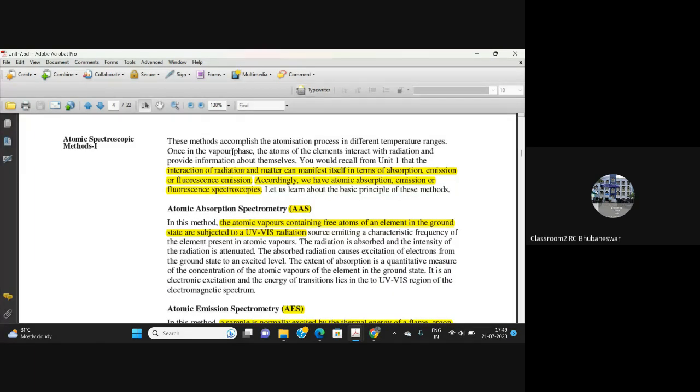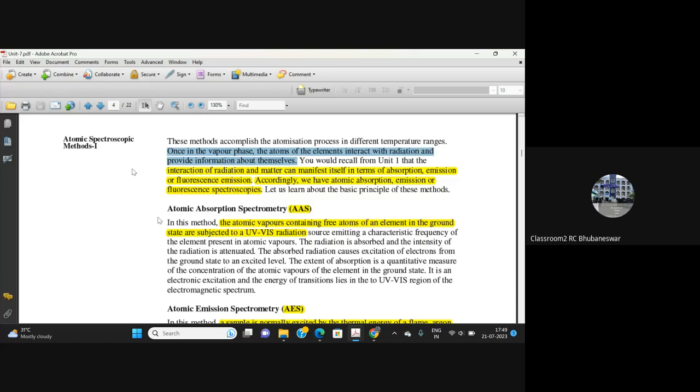So these methods basically accomplish the atomization process in different temperature ranges. Once in the vapor phase, the atoms of the elements interact with the radiation and provide information about themselves.